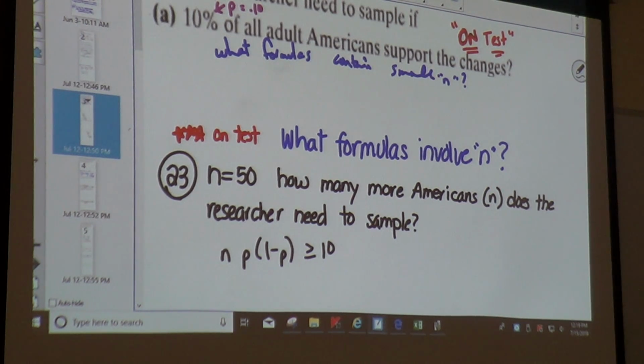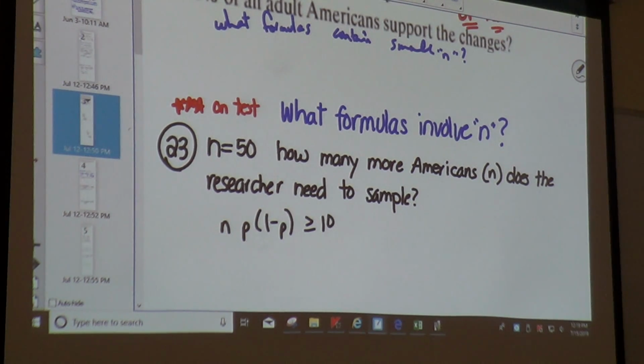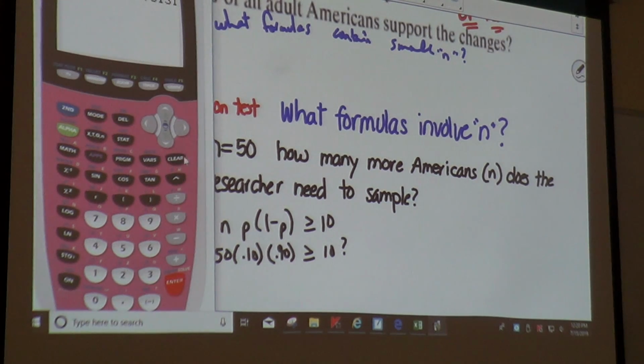So what was my n? 50. What was my p? 0.10. So what is my 1 minus p? 0.9 or 0.90, however you want to write it. And we need to ask ourselves, is that greater than or equal to 10? Well, it should be because they told us it was normal, but we're going to double check it.